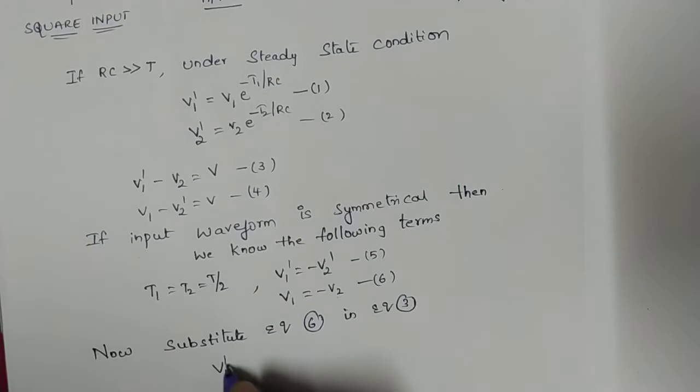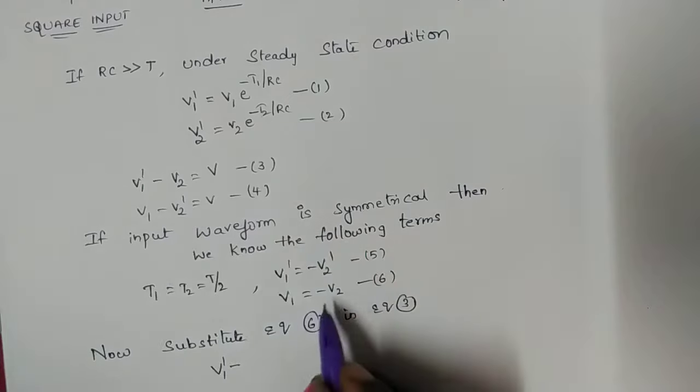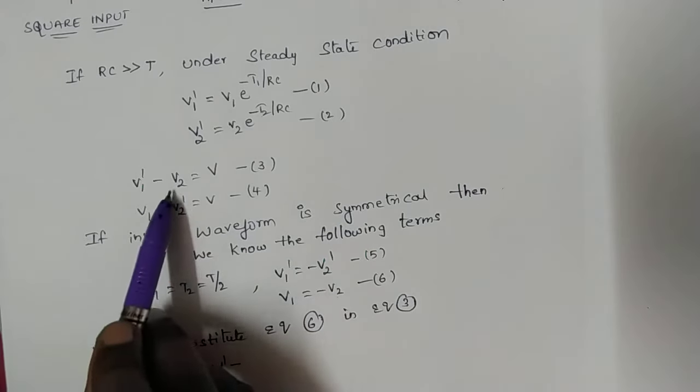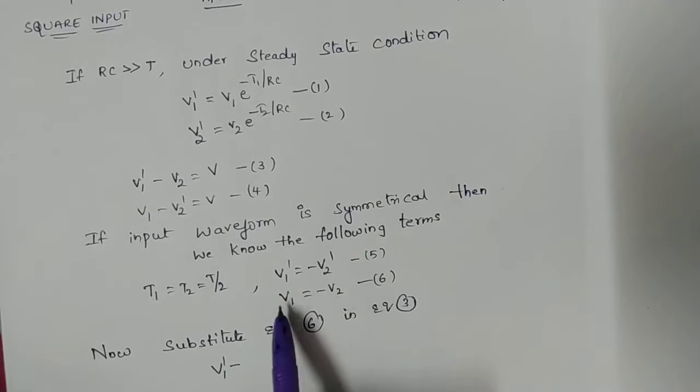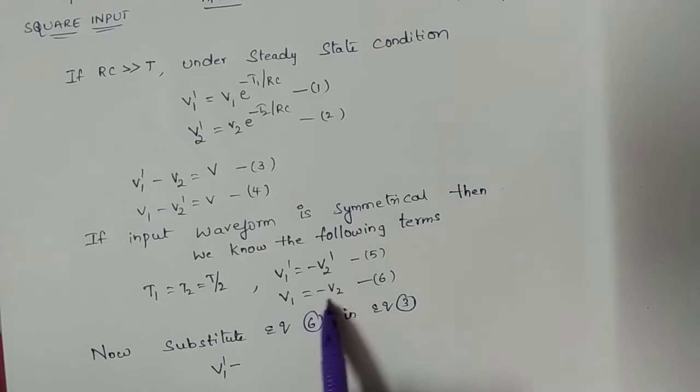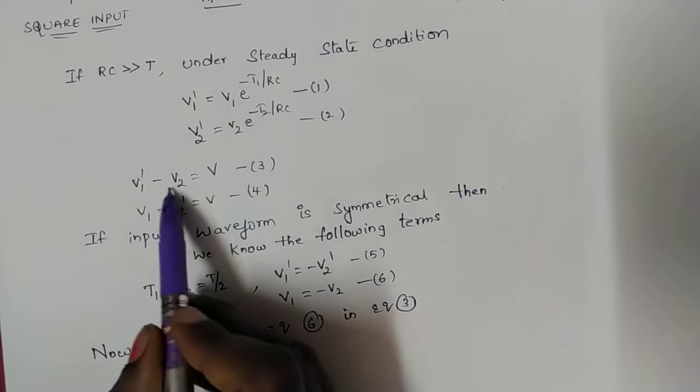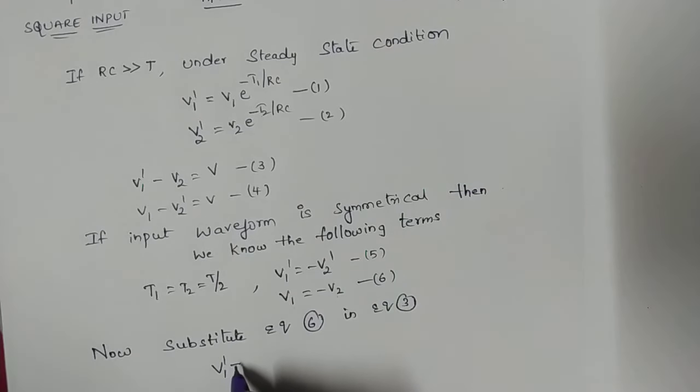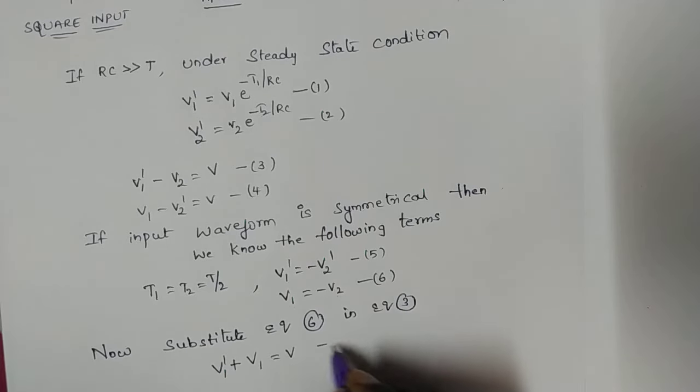The V1 dash minus V2, here minus V2 is nothing but V1. So in place of minus V2, I can write V1. Understanding? V1 dash plus V1 equal to V. Leave it as equation number 7.